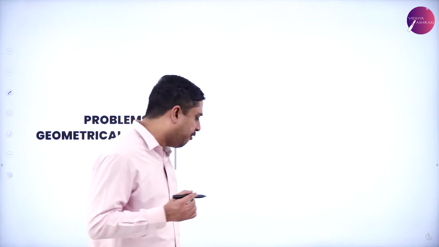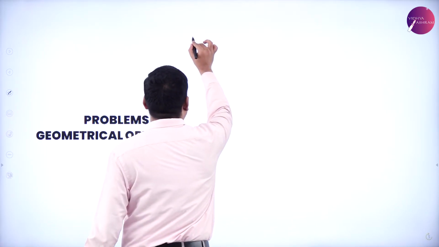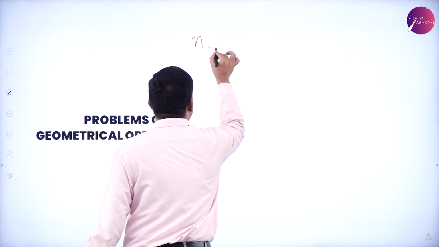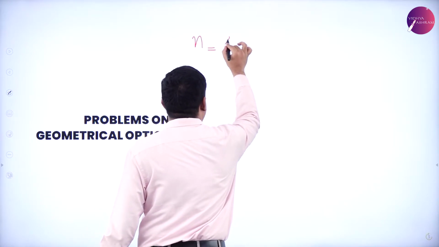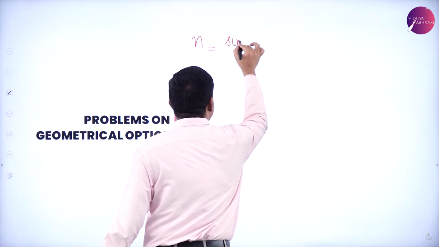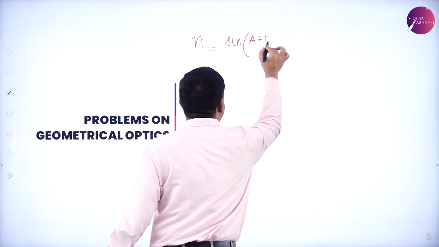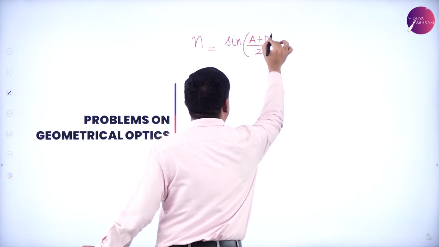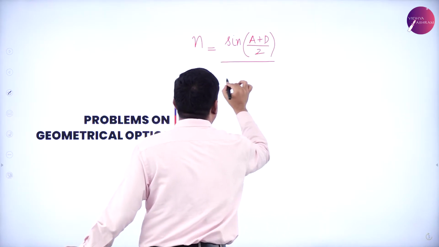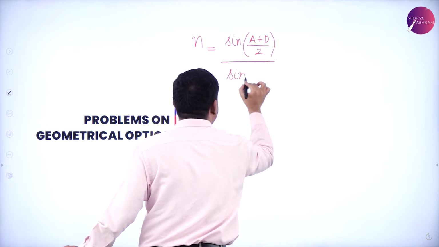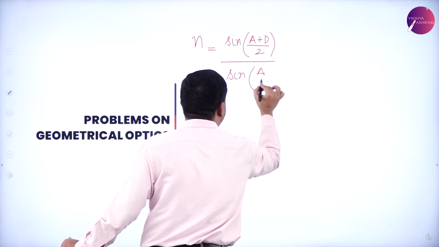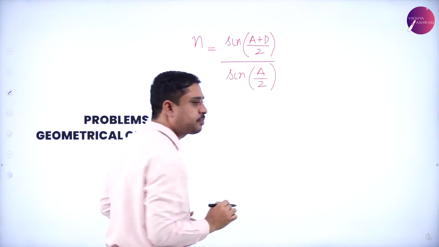Whatever we have, we are relating to the prism formula where we write n is equal to sine A plus D divided by 2, divided by sine A divided by 2.